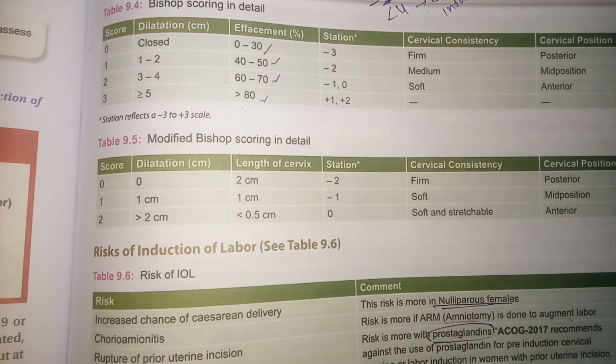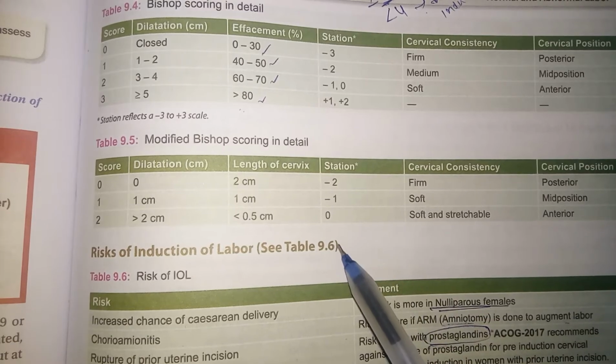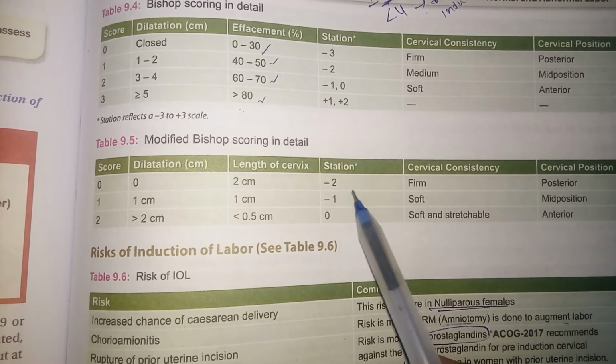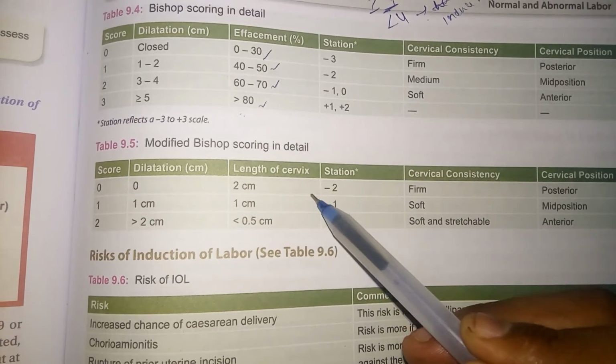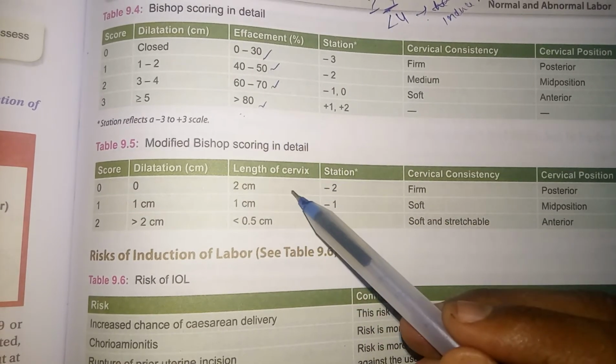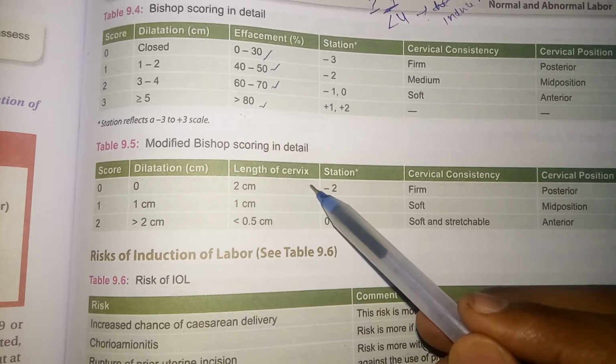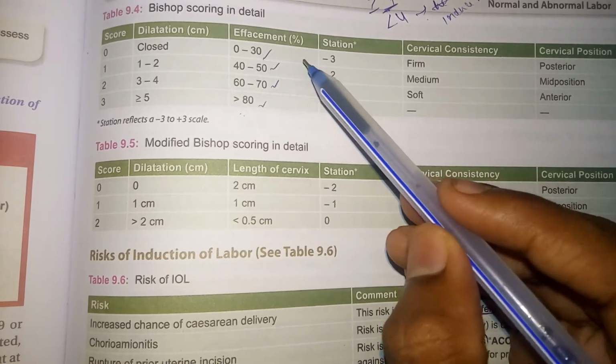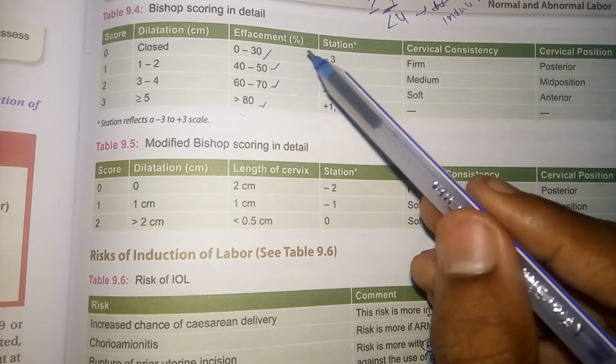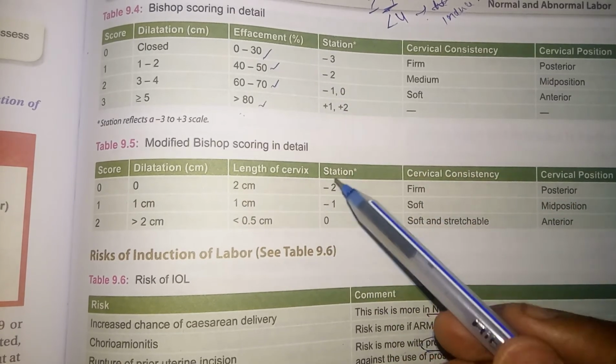In modified Bishop scoring, the difference is instead of effacement, here length of cervix is considered, right? Remaining parameters are same, only in place of effacement we introduce length of cervix.